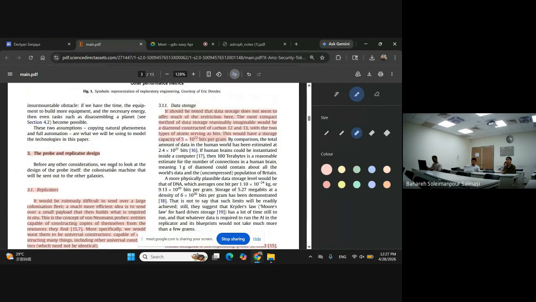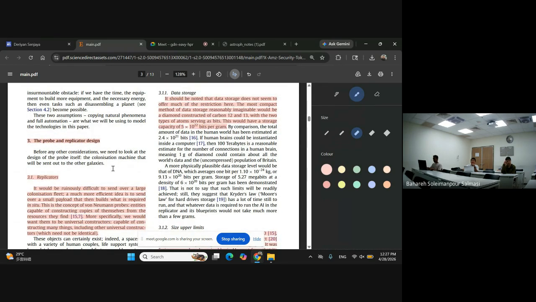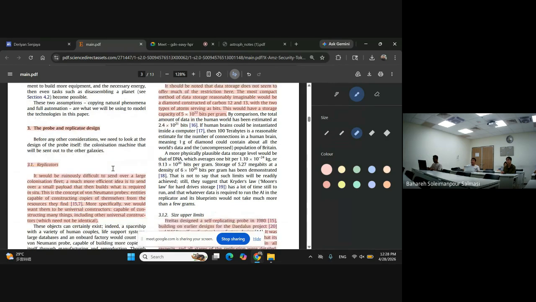So they also discuss the data storage that aliens may need. They say that they can use a diamond constructed from carbon 12 and carbon 13 as bits.